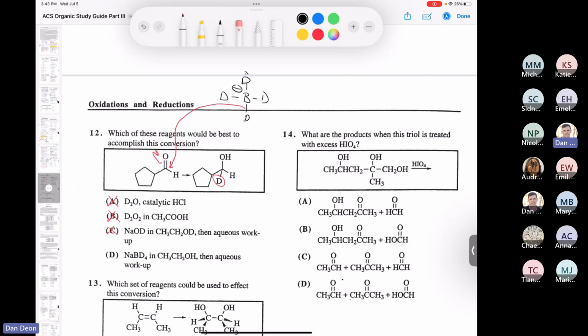And then once you've made this intermediate, you get this intermediate, which is going to look like this. You have one deuterium and one hydrogen. In the second step, you treat it with water, right, in aqueous workup, and that's going to put the proton on here to give you the neutral compound like this. All right.